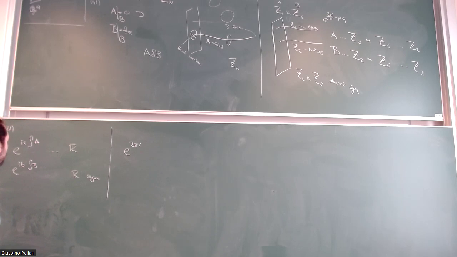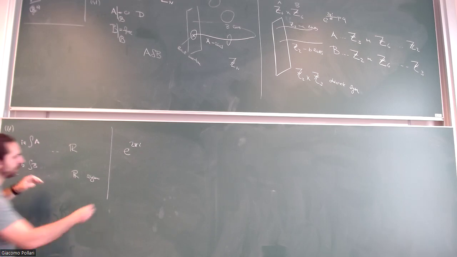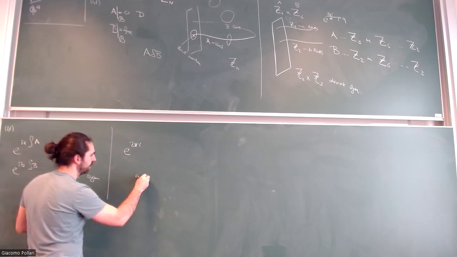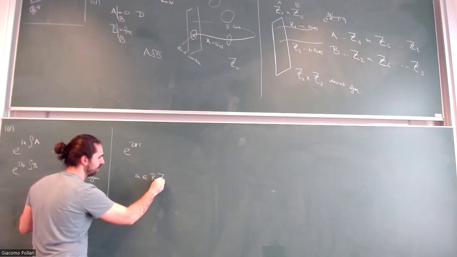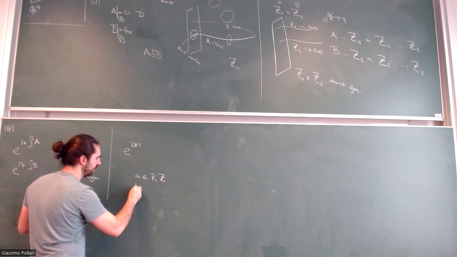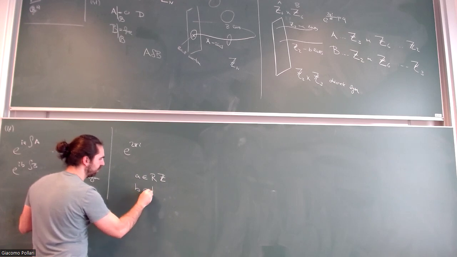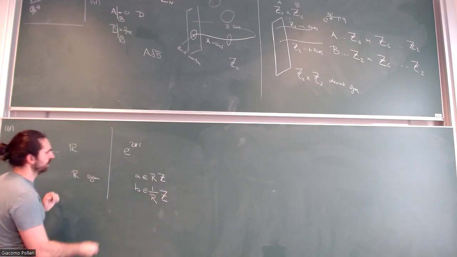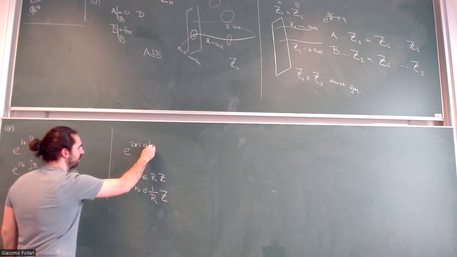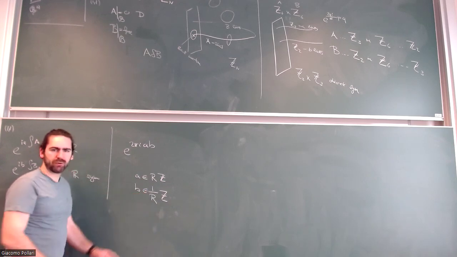I can allow for A to be in R times Z and B being in 1 over R times Z. So this R is a parameter for now.